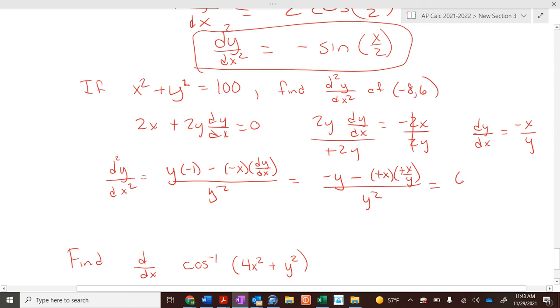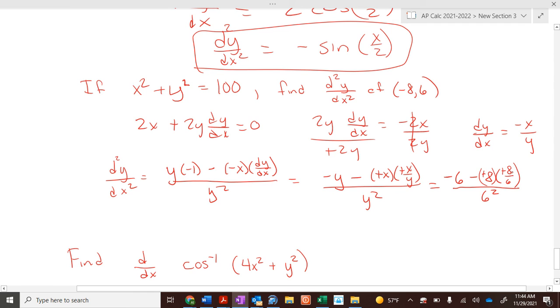So we go 6 times -6 minus a -8 times -8 over 6, all over 6 squared. So again, we go plus a positive here because a negative times a negative is positive.